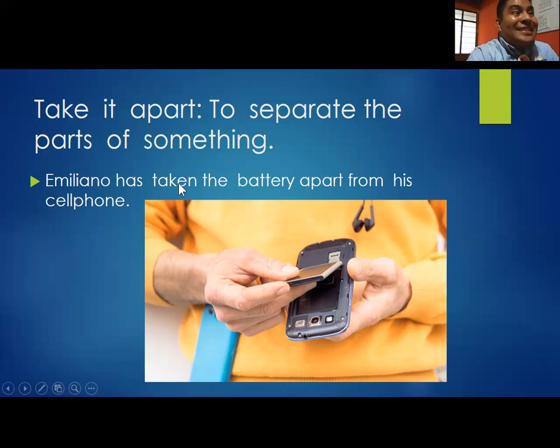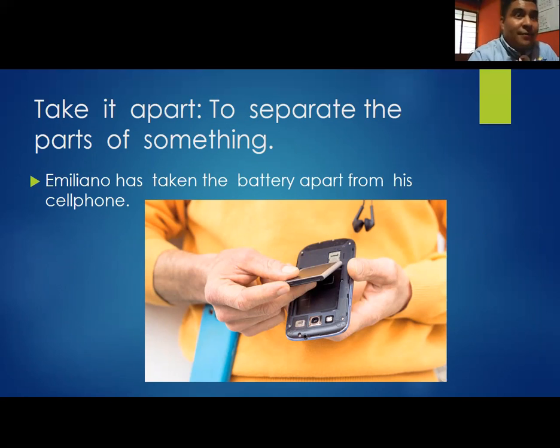Okay, Emiliano has taken the battery apart from his cell phone. And we studied the structure of the present perfect tense, right? Actually it was the first thing that we studied during this level.